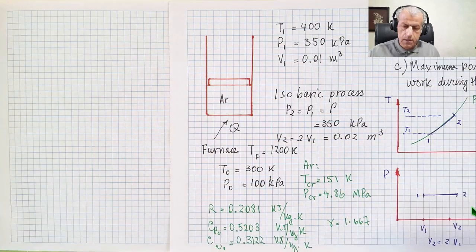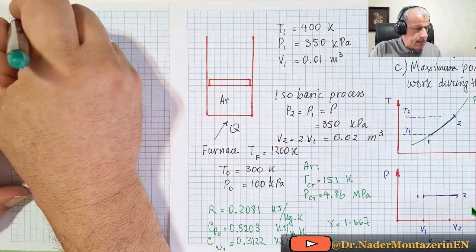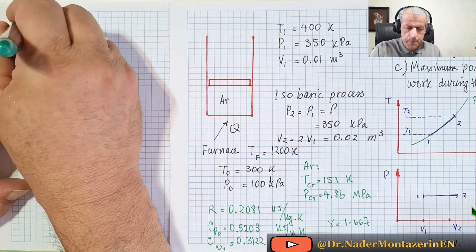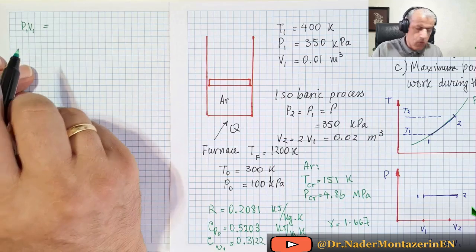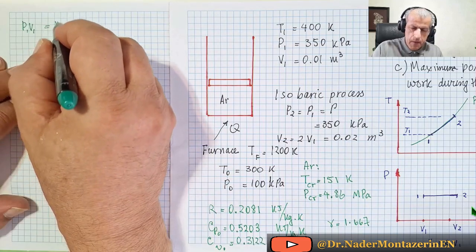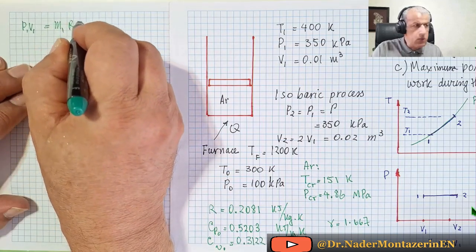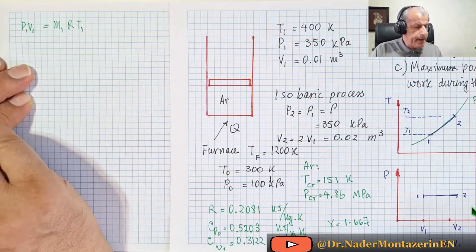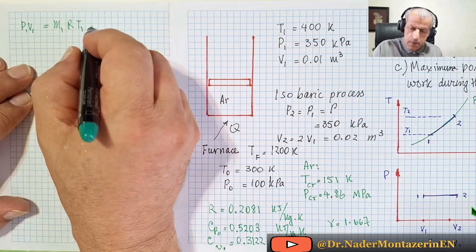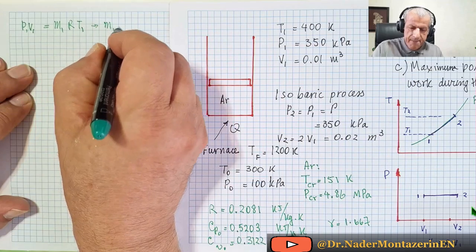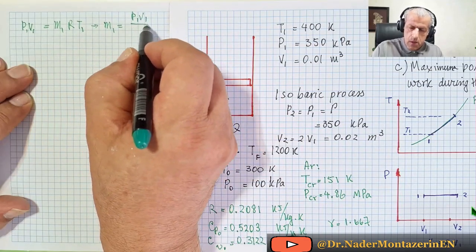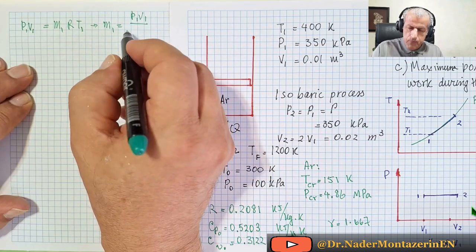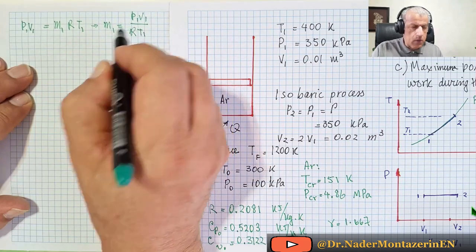The perfect gas law tells us that P1V1 equals M1 R T1, and therefore M1 equals P1V1 over R T1.